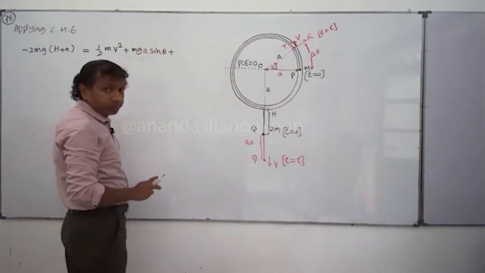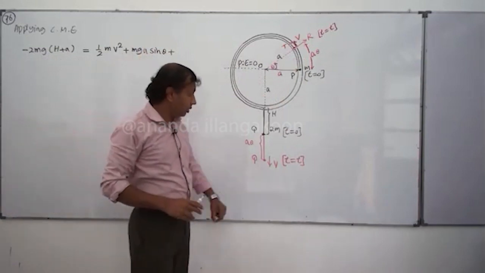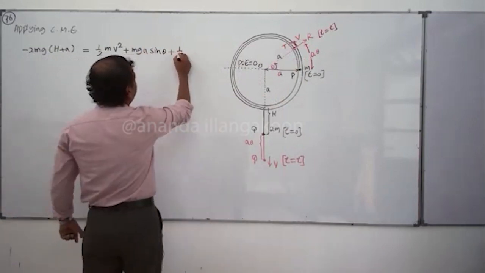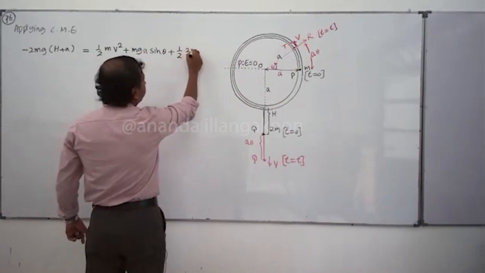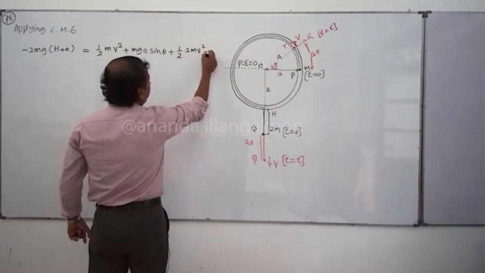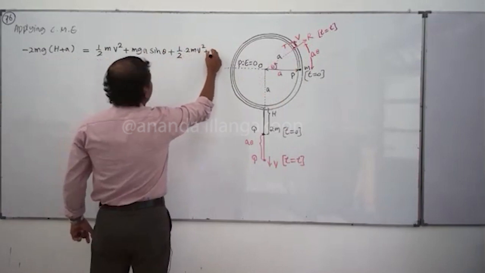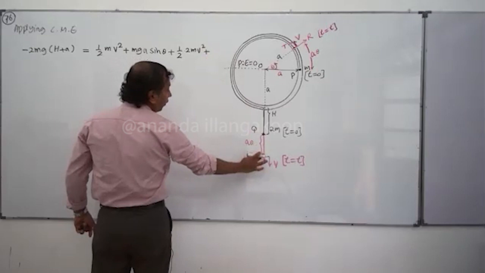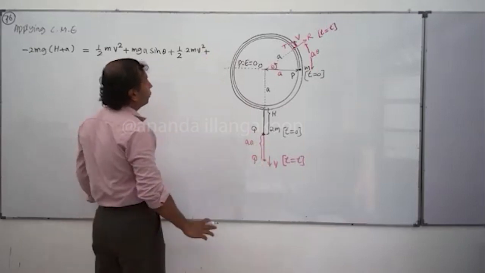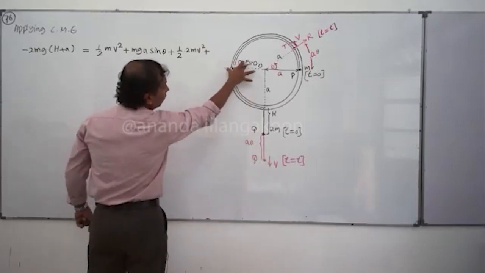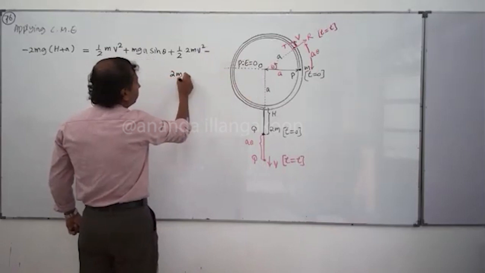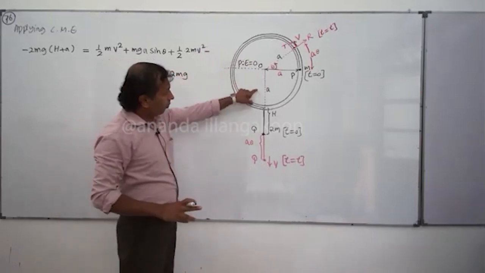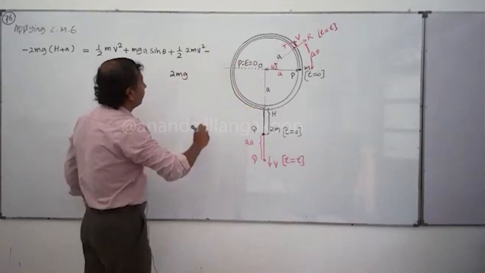Plus, here the kinetic energy is half, mass is 2m, v squared, plus its potential energy, which is negative because that is lying below the PE 0 level, minus 2mg times (a plus h plus a theta).